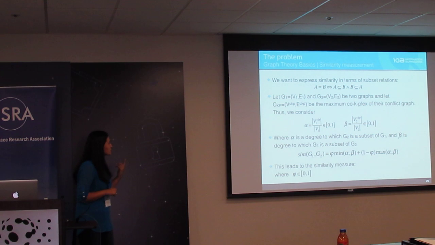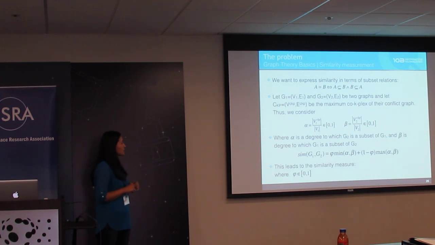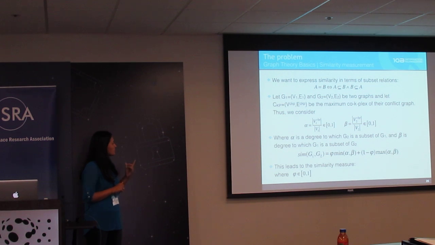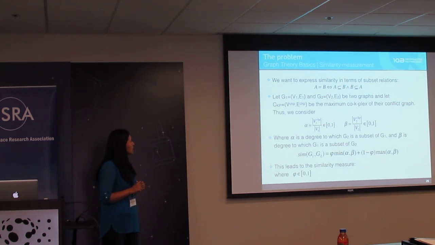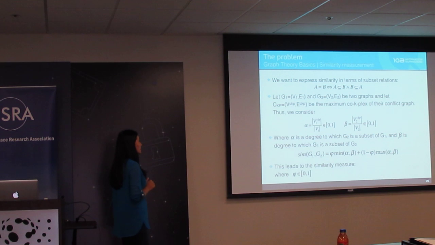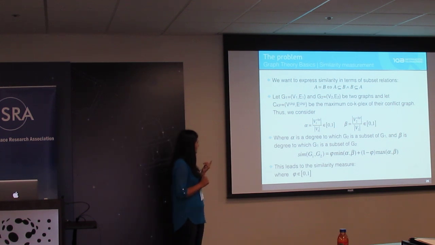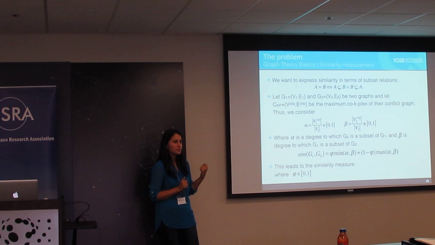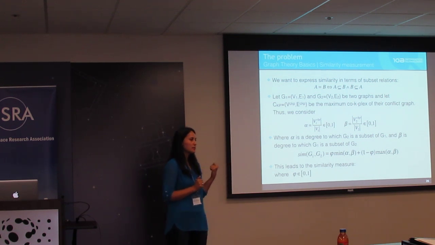For that reason, we define an alpha parameter and a beta parameter, where we use the size of these co-K-plex. If you notice, for alpha we use B1, and for beta we use B2. This is specific for our problem because of the type of reduction that we have made.